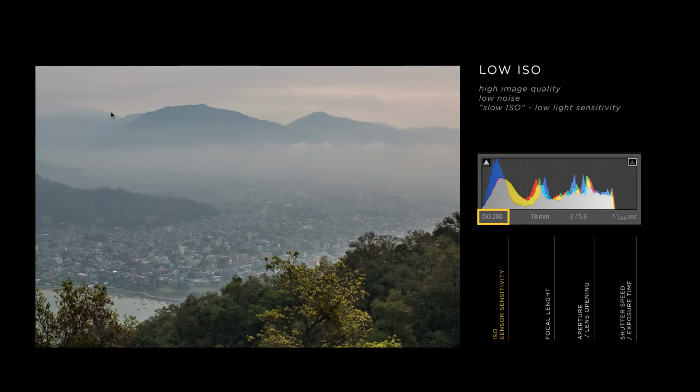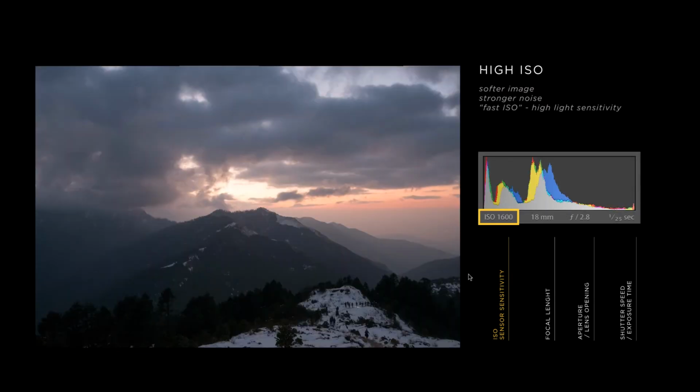So you are able to maintain this level of quality only when you are shooting with low ISO, such as 200. The more sophisticated camera you are working with, the higher ISO you are basically able to use while maintaining still the high image quality. Okay, let's jump to the next slide.